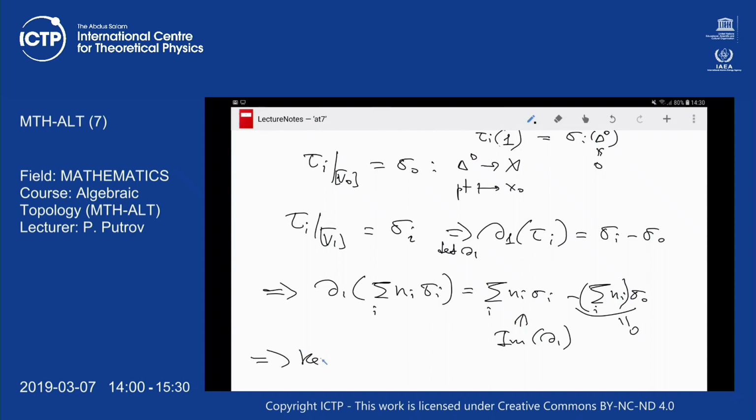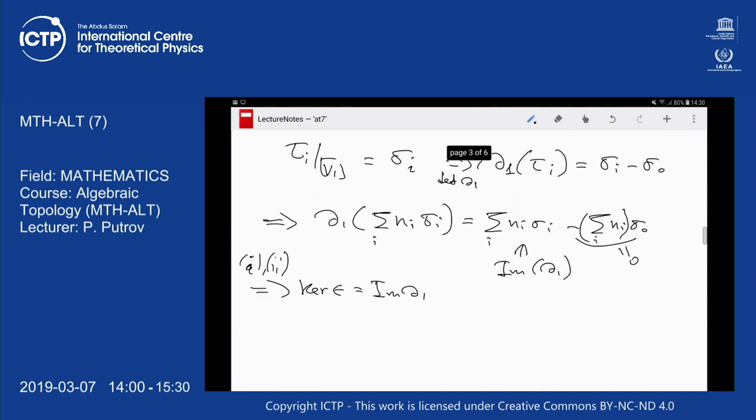So combining 1 and 2, we showed that indeed they're the same. And so H0 of X, by definition, is the kernel of d0 divided by the image of d1.